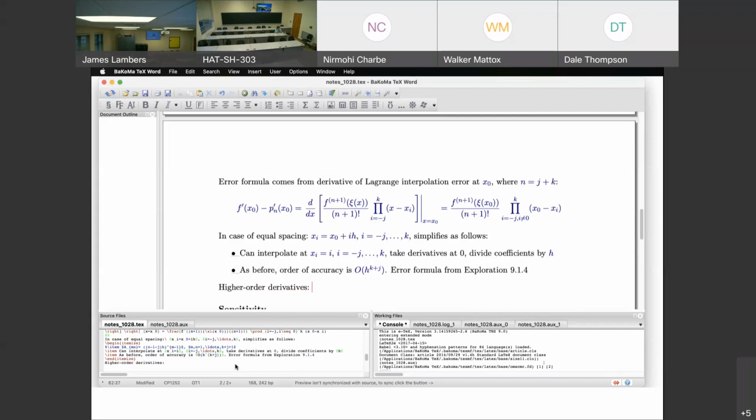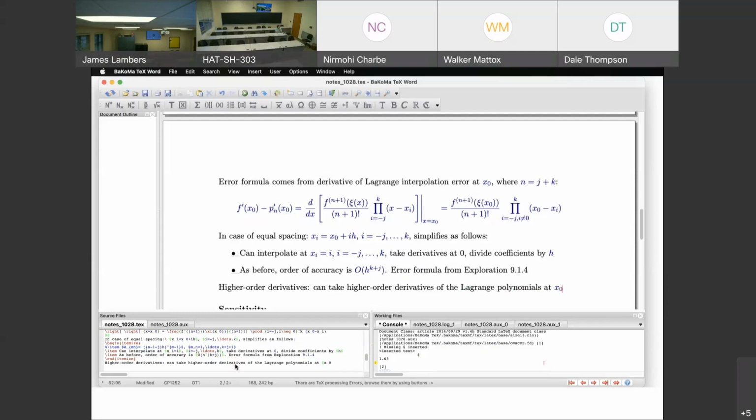So what you can do there, it's not difficult to extend this in terms of getting the approximation. Derivatives of Lagrange polynomials at x naught.